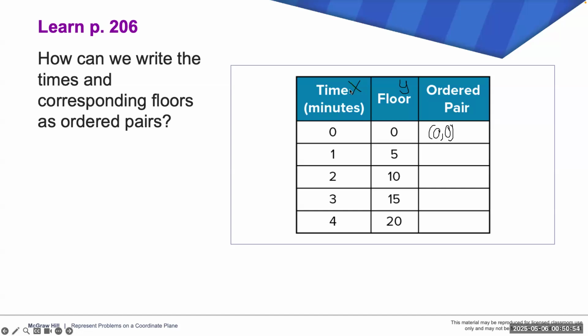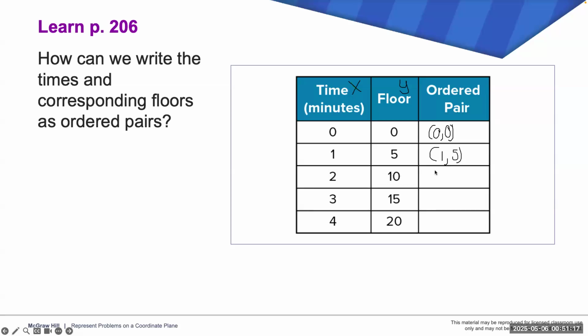Then for 1 minute, the elevator will be on floor 5. So we say 1 and floor 5. At 2 minutes, the elevator is going to be at floor 10.